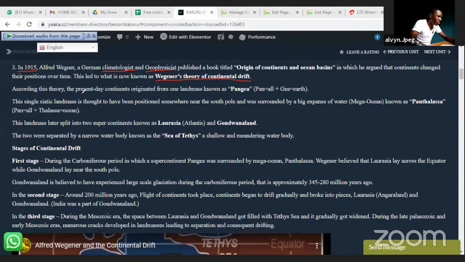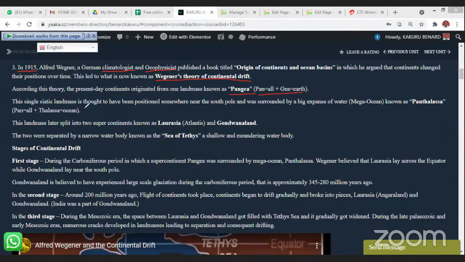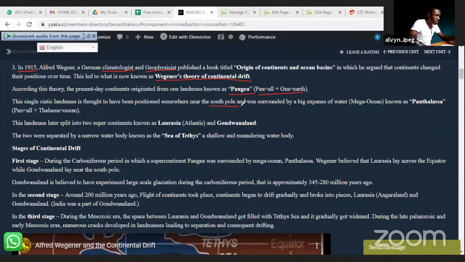According to this theory, the present-day continents originated from one landmass known as Pangaea. Pan means all, Gaia means Earth. This single static landmass is thought to have been positioned somewhere near the South Pole, and it was surrounded by a big expanse of water or mega ocean known as Panthalassa.